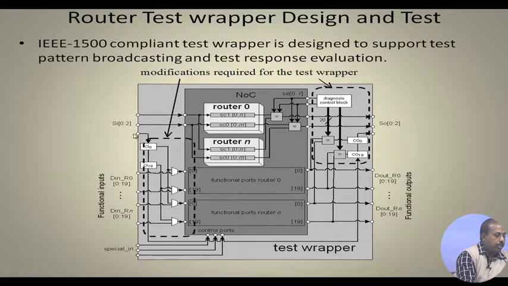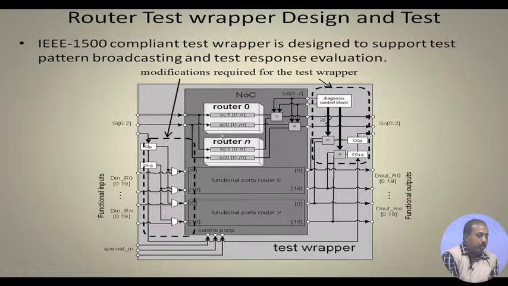Then scan chain serial input 0 is feeding the functional ports of the routers. All those functional ports are put on a chain, and they are being fed by this scan input 0. Then scan input 1 is feeding scan chain 0 of all the routers, and scan input 2 is feeding scan chain 1 of all the routers.